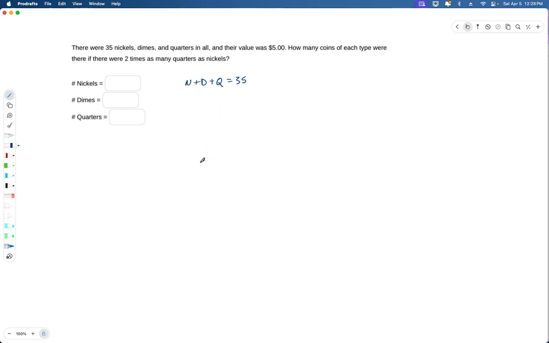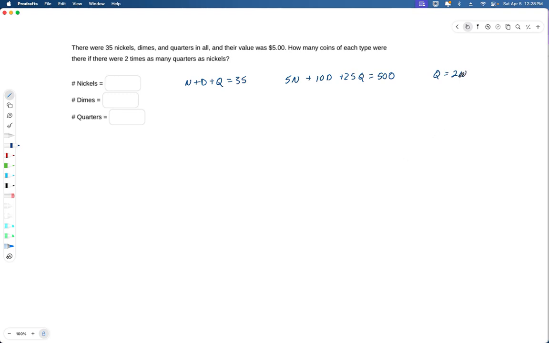And their value is 5 times nickels plus 10 times dimes plus 25 times quarters is equal to 500. And 2 times as many quarters as nickels. So quarters is equal to 2 times the number of nickels.